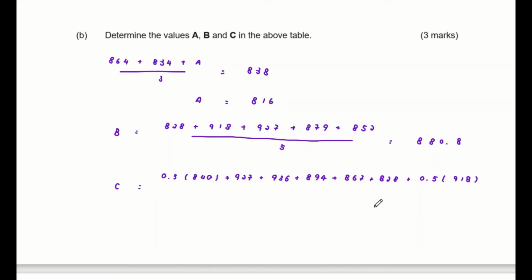Okay, so that is 1, 2, 3, 4, 5, 6. So divide by 6. All right, so after you get it, then you will get 888.5. All right, so that will be the answer for part B.